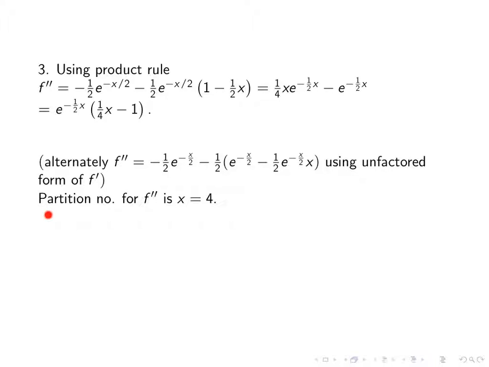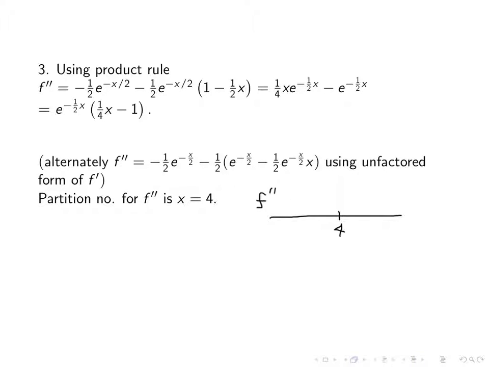Okay, the partition numbers for f double prime are gotten by ignoring the exponential factor, and you just get 1/4 x minus 1 after you factor f double prime, and you get x equals 4. Here's the sign chart for f double prime.